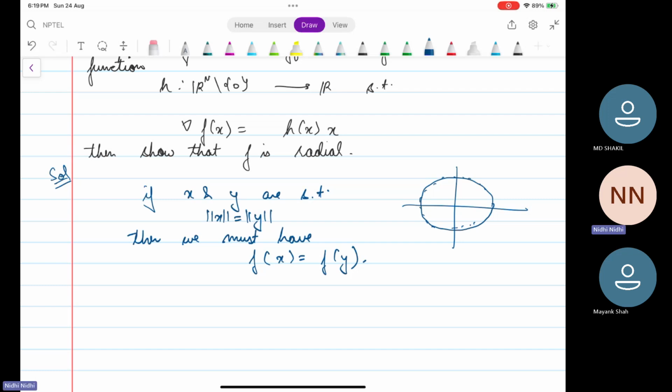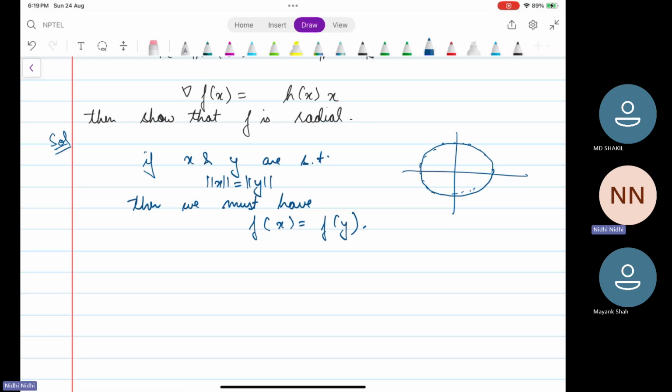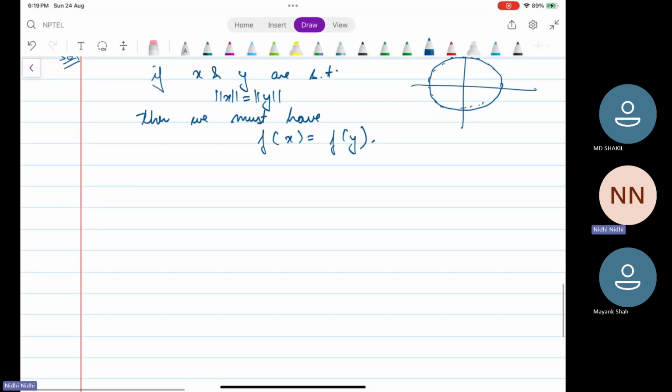So let's see. We'll show this by using a path. So consider a continuous function, some function gamma, defined from the closed interval 0, 1 to S_R, where, let's start with an arbitrary R positive.